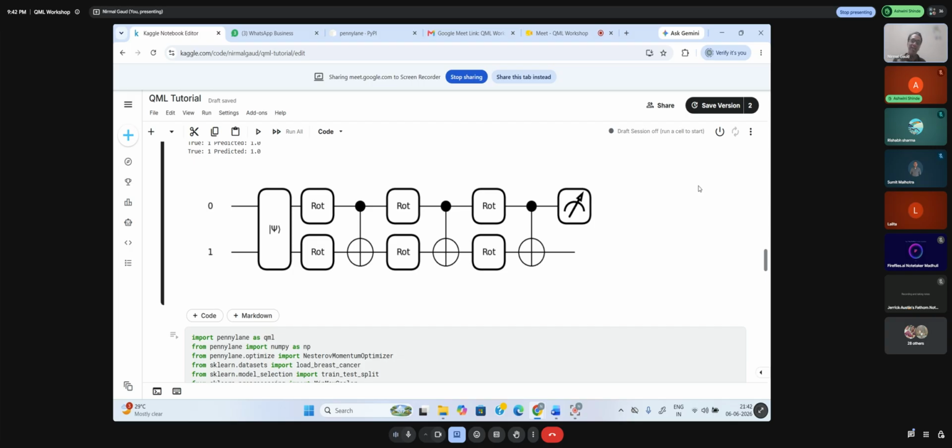Something we can do: after applying quantum, we ask it to give us the probability or the state. If it gives the state, it will clearly say the answer is 0 or the answer is 1. But if you ask for probability, it will give 70%, or 20 or 30%.